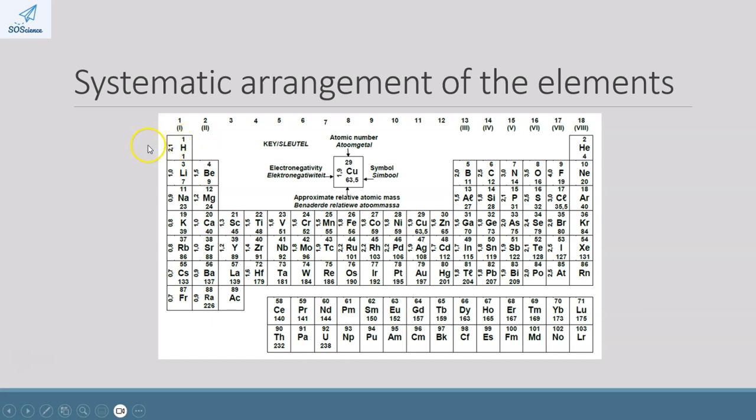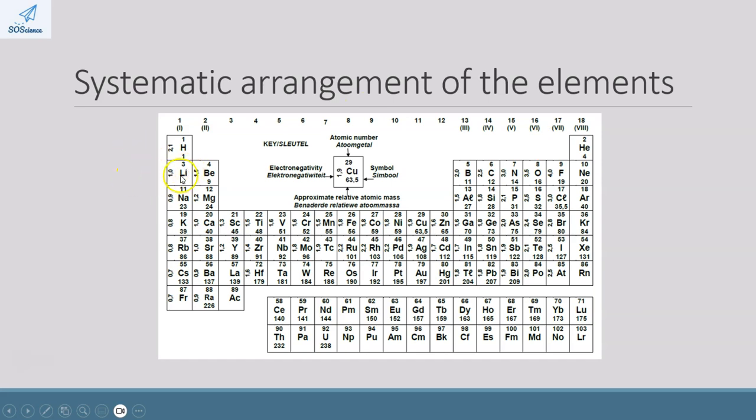N equals 1, the first energy level of any atom, can hold a maximum of 2 electrons. So in the case of hydrogen, it will hold 1 electron, and in the case of helium, it will hold 2 electrons.